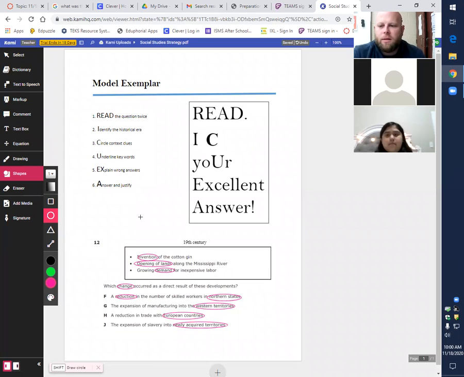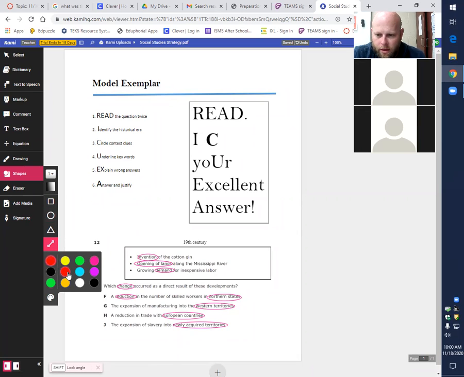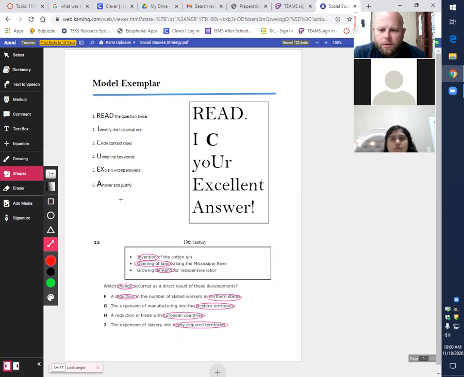Now we're going to underline the key words. I'm going to make the underline red so it's easier to see. Underlining our keywords is going to help us understand what the correct answer is. So we have cotton gin, along the Mississippi River, and inexpensive labor. So we're looking for the change that is the direct result of these developments.